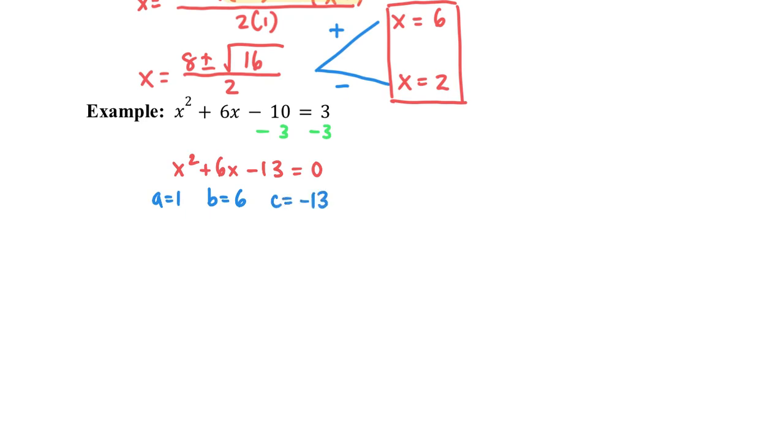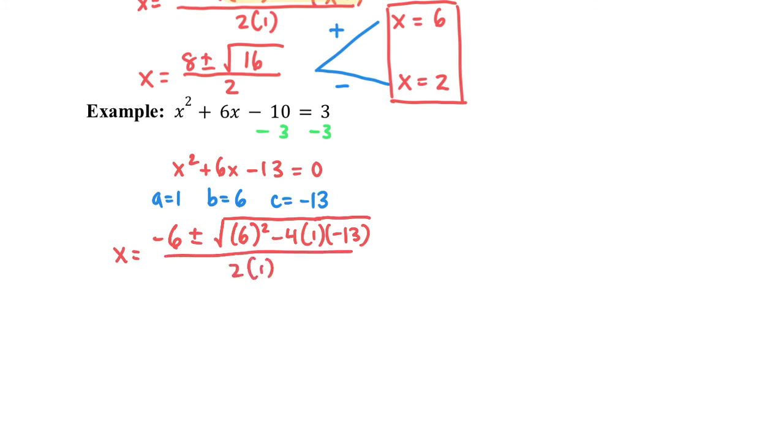Let's plug into our quadratic formula. x equals, b is 6, so negative b is negative 6, plus or minus the square root of 6 squared minus 4 times 1 times negative 13. I'll extend my square root, all over 2 times 1.